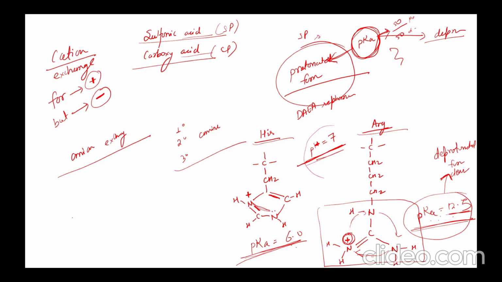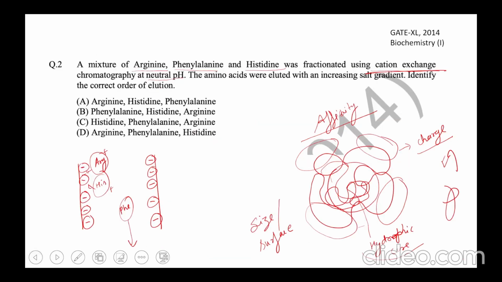So at physiological pH, histidine will remain mostly neutral. It will switch between the neutral and the protonated form, in exchange. So if we compare the elution of arginine and histidine at neutral pH, after phenylalanine, histidine will be eluted first, and then arginine.